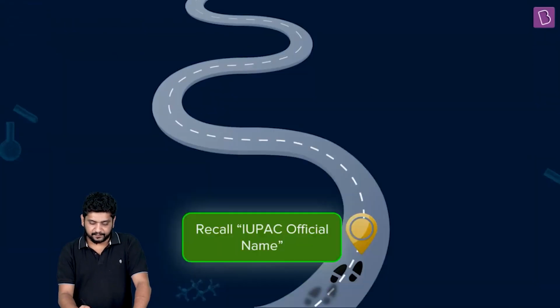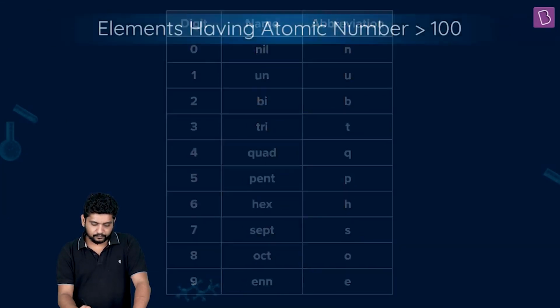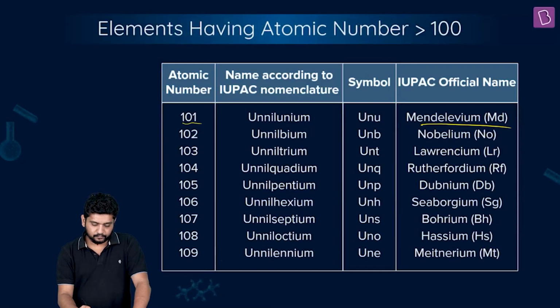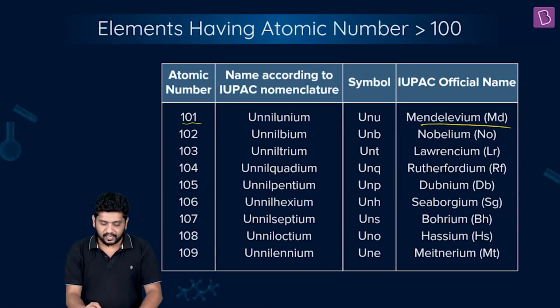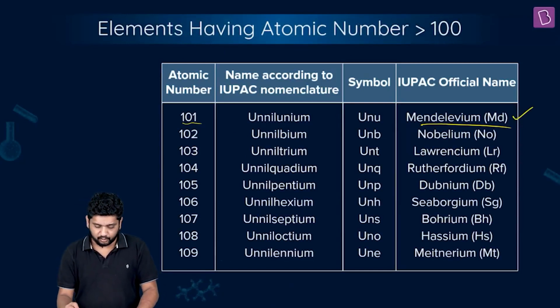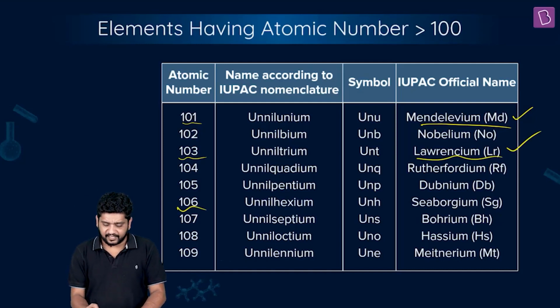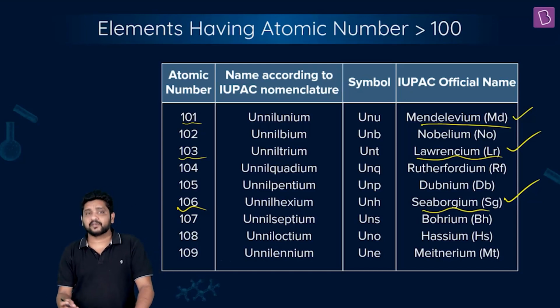Let's see. So 101 is mendelevium, which is true. 103 was also there in our list, which is given to us as lawrencium, which is also true. Then we had 106, which is given to us as seaborgium, which is also true. And then we had 111, which is obviously on the next page. So mendelevium, nobelium, lawrencium, rutherfordium, you can see these are mostly tributes, right?